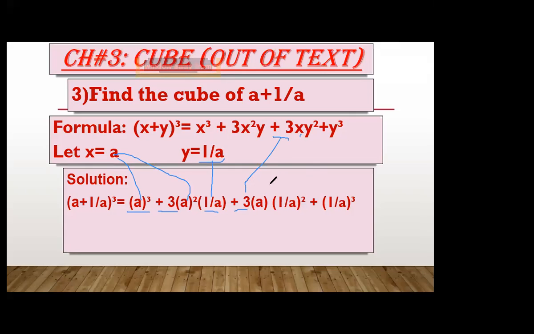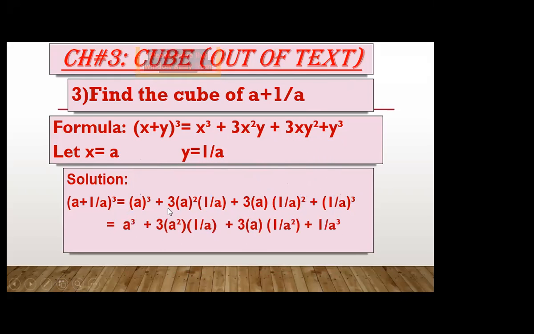Then x value is a. Y square means 1 over a within the small bracket, and the square must be written outside, please. Square must be written outside the bracket. Now y cube means 1 over a whole cube, and the cube is written outside the bracket. Clear? Step number 1, just put the values.